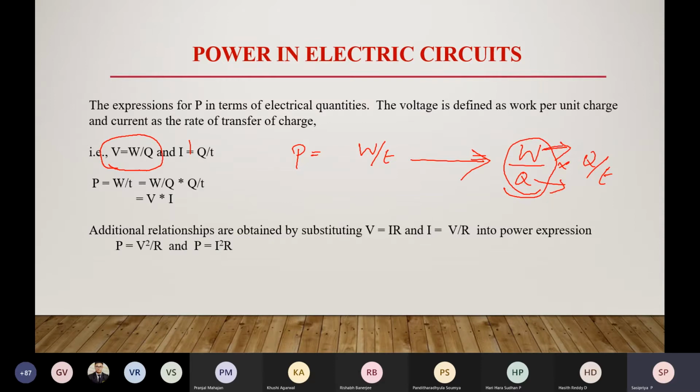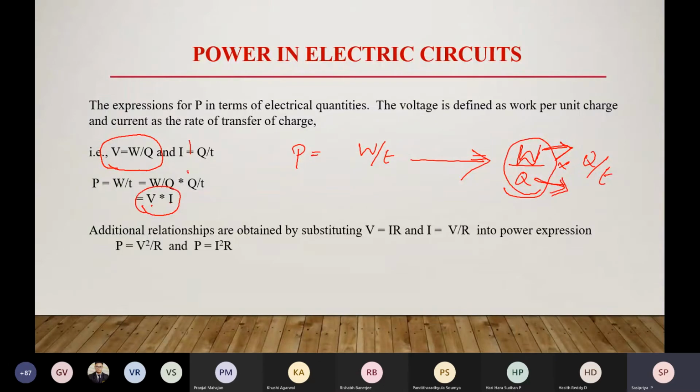For this much potential energy applied, we have this much movement of the charge carriers. So the voltage can be defined as W by Q. Now the power in an electric circuit can be expressed as V into I.